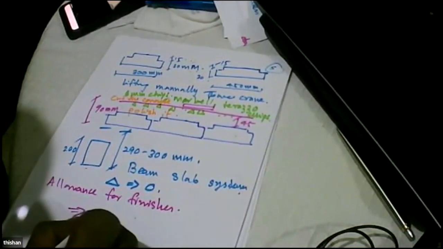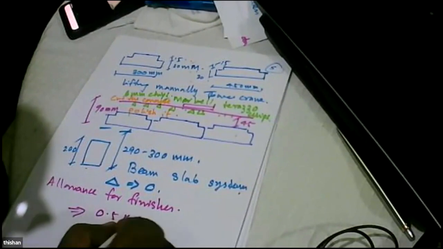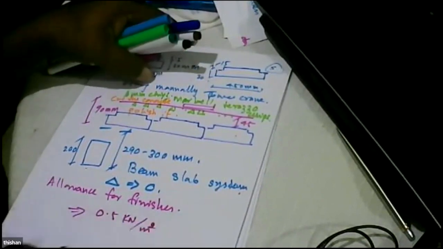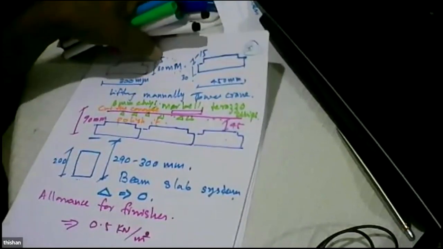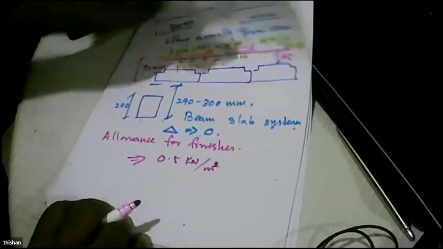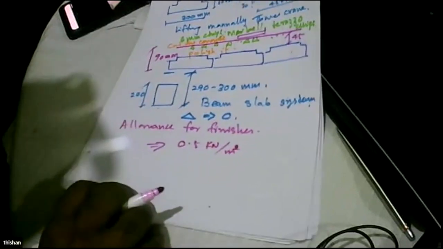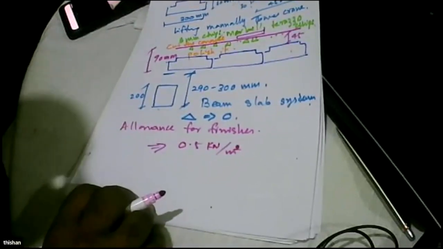The allowance for finishes will be 0.5 kilonewtons per meter square, and that is the weight of tile. We will not have a leveling screed because our idea is to level the concrete properly. Because once you remove the shutters, deflection will be 0. Is that clear, Bandhuka? Yes, that is clear, sir. Right. Okay.